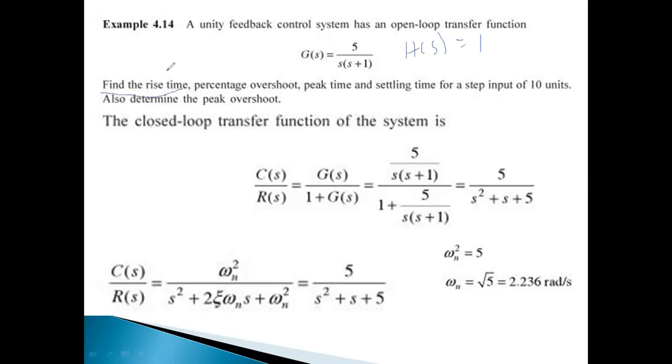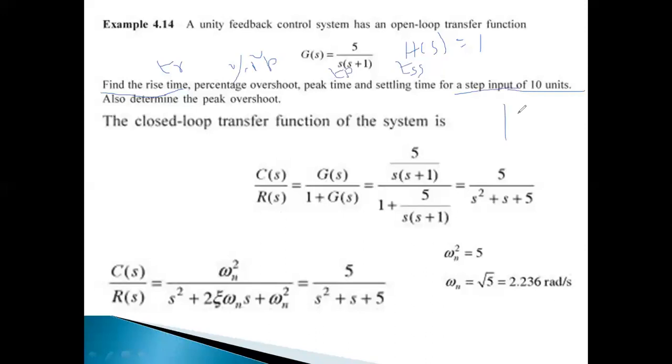Find the rise time, percentage overshoot, peak time, and settling time for a step input of 10 units.